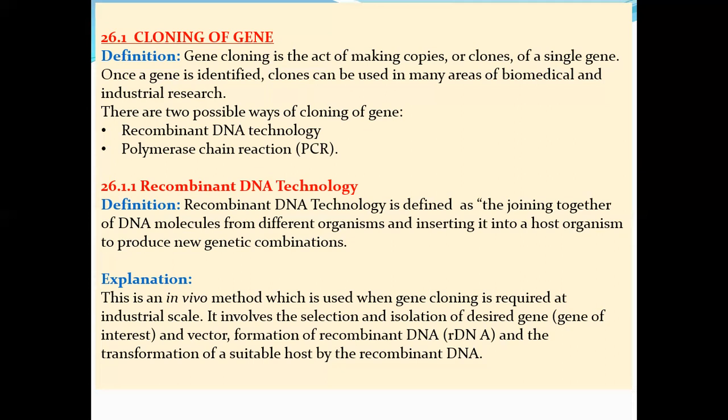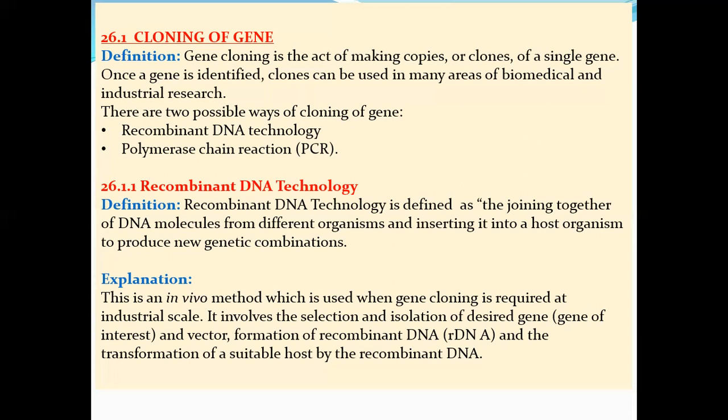We will isolate and separate the desired gene, the gene of interest. For example, we are interested in the insulin gene, we will target it, find out the place where it is located, and then we will select and separate it, and the desired gene is obtained. For this, in biotechnology, we will first of all use the vector.